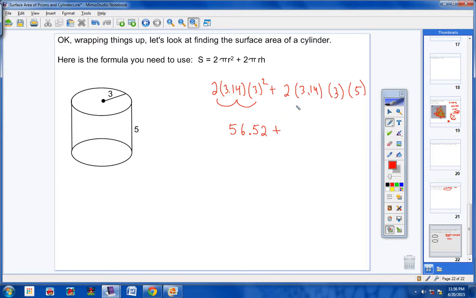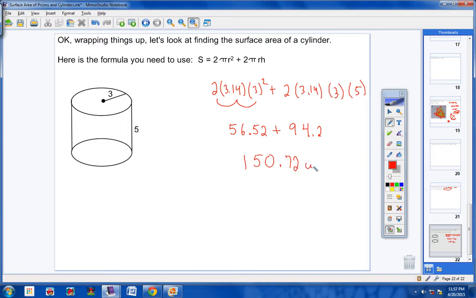Over here, I'm going to type in 2 times 3.14 times 3 times 5, and I'm getting, hopefully I'm doing this correctly, 94.2. Okay, so if we add those two together, we're going to get this for an answer. The surface area of the cylinder is this right here.